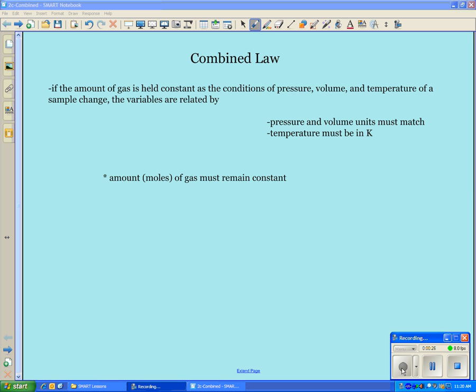So from Boyle's law, we know that pressure and volume are inversely proportional, so P1 times V1 is equal to P2 times V2. From Charles' law, we know that volume and temperature are directly related, so we usually divide.